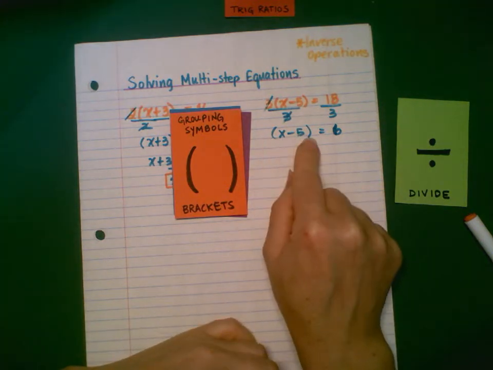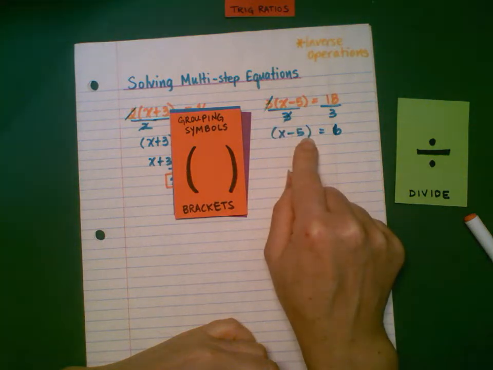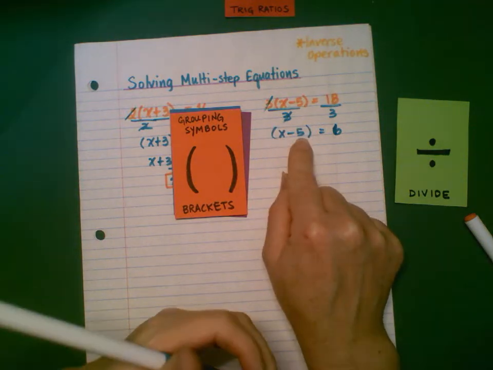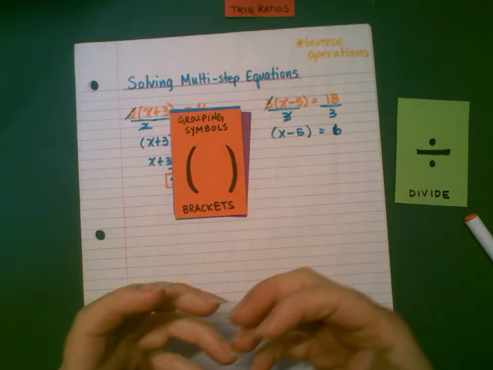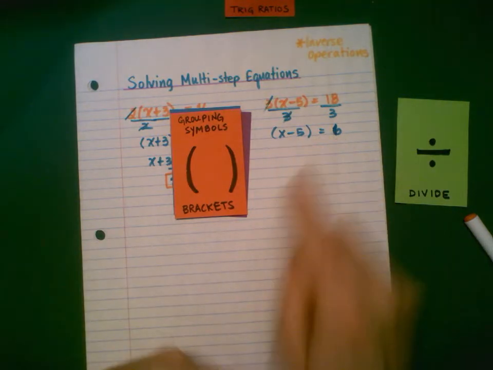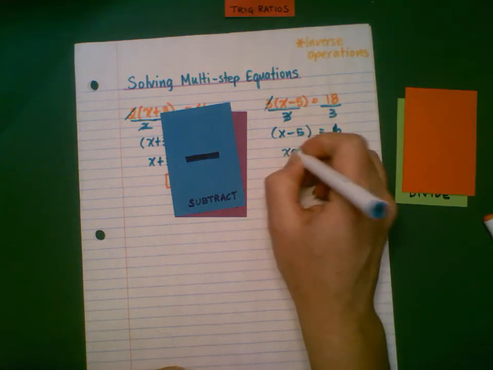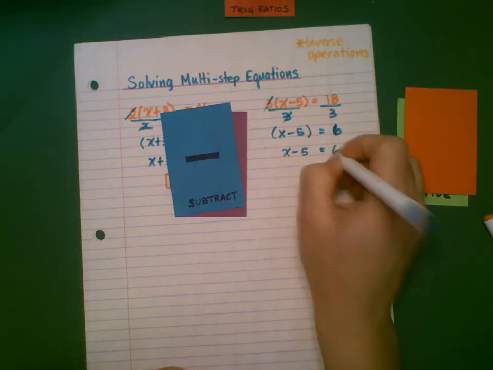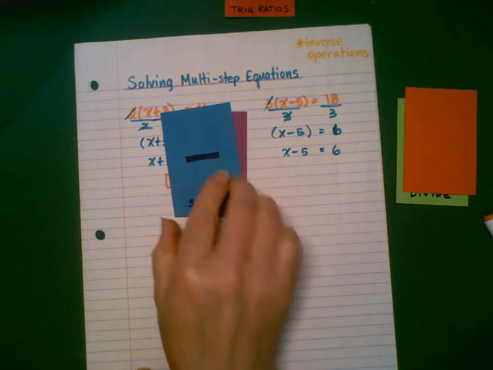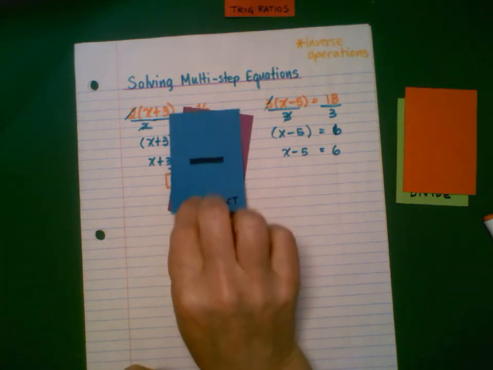Okay, so now this set of grouping symbols, the brackets, are not doing anything. They're not actually changing anything about this equality. So I can just remove them. Now I have to undo the subtraction of 5.